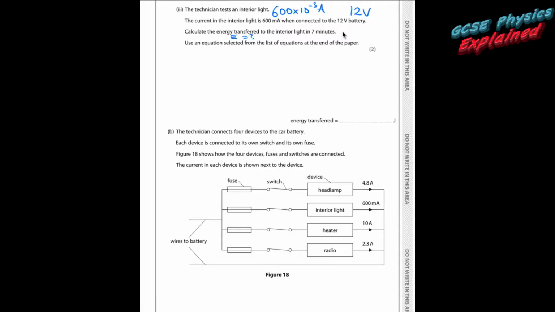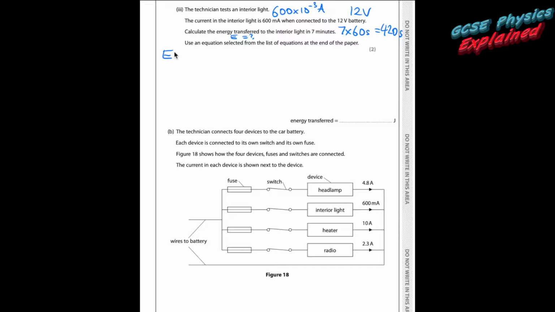Now remember, you've got to convert that into seconds, so that'll be 7 times by 60, because there's 60 seconds in a minute. So that's 420 seconds. You never leave anything in minutes. Use an equation selected from the list of equations at the end of the paper.